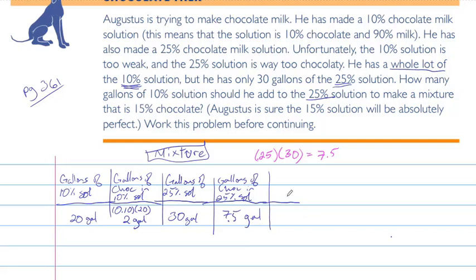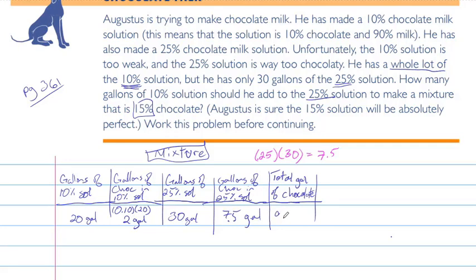All right, now what I'm trying to get to is a 15% chocolate solution. So if I've poured all this together, think about how much chocolate you have in total. Total gallons of chocolate. And of course, this is just the 2 gallons of chocolate from the 10% and the 7.5 gallons of the 25%.